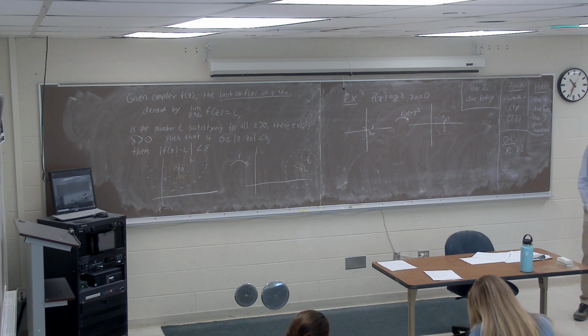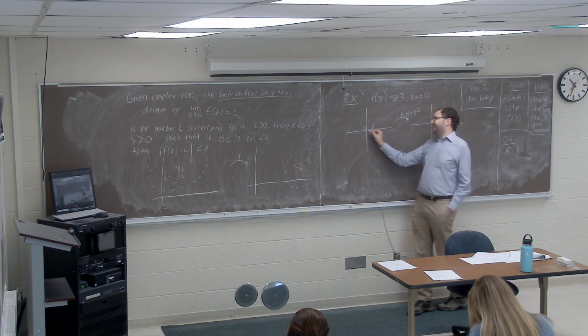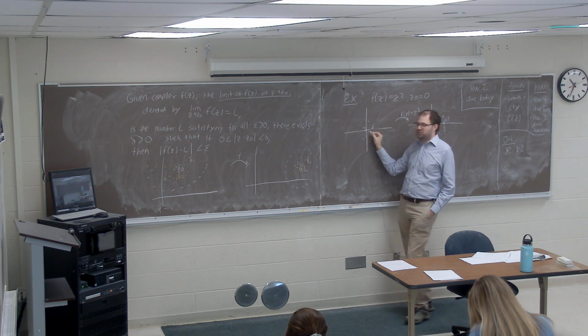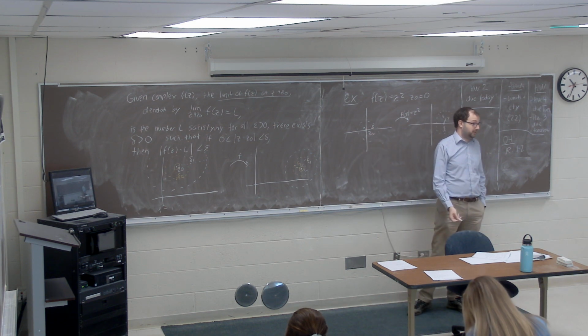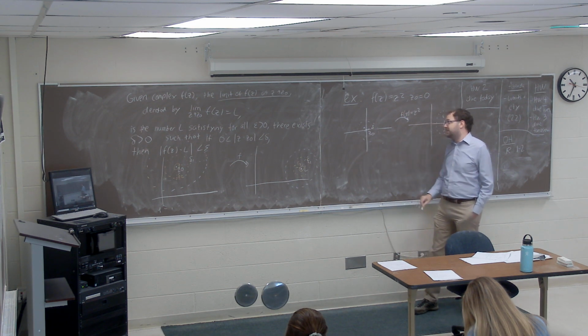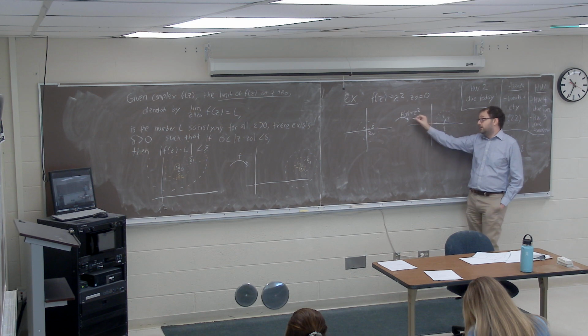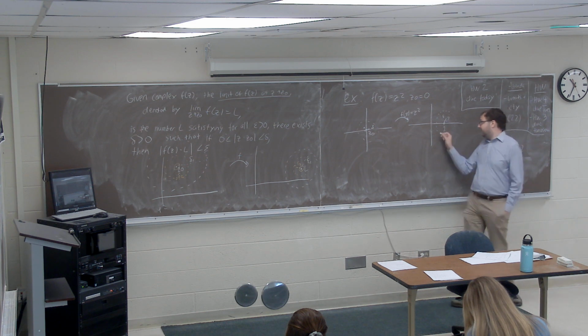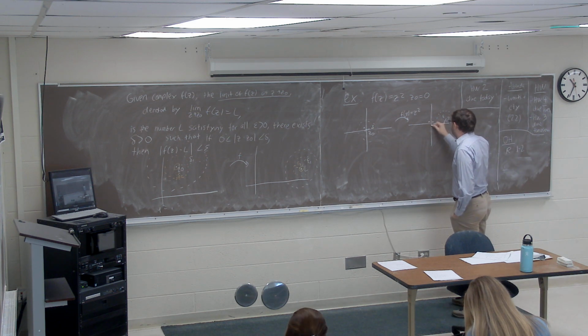If we're plugging in values of z that are really close to z naught of 0 here, what are the outputs going to be really close to? It should be close to 0 also. Yeah, they're going to be really, really close to 0 as well.